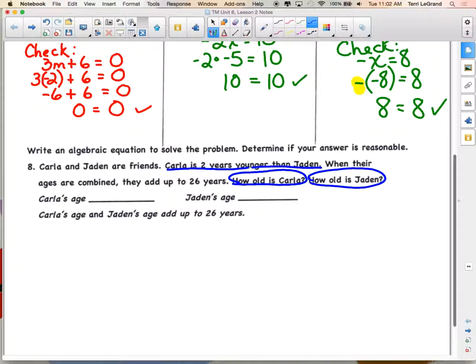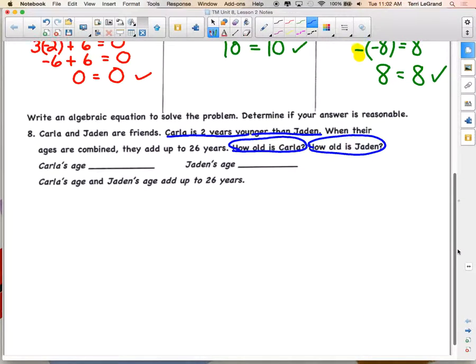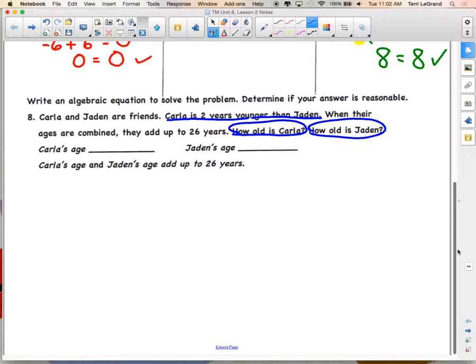What else? Okay. Ages are combined, they add up to 26 years. Okay, that's important.